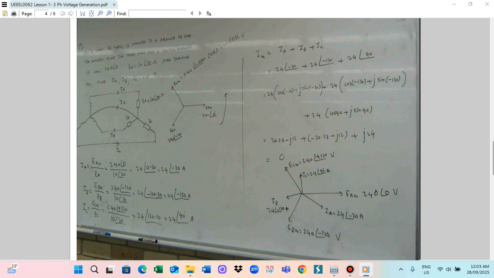So using this phasor diagram, find the value of VAB plus VBC.